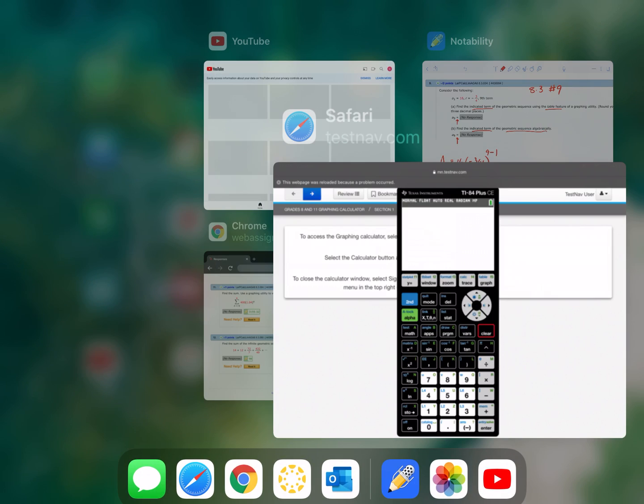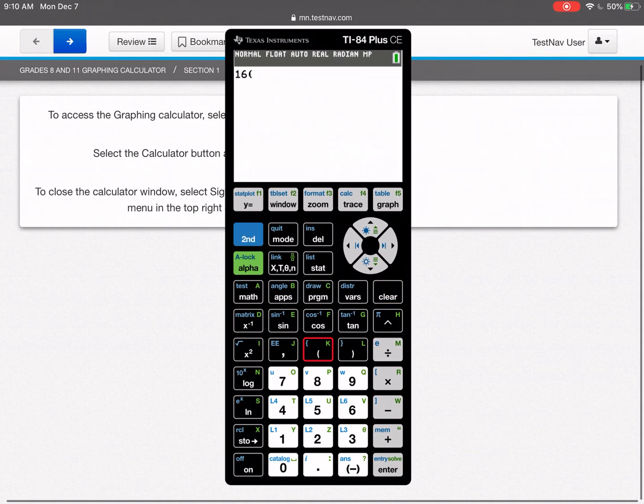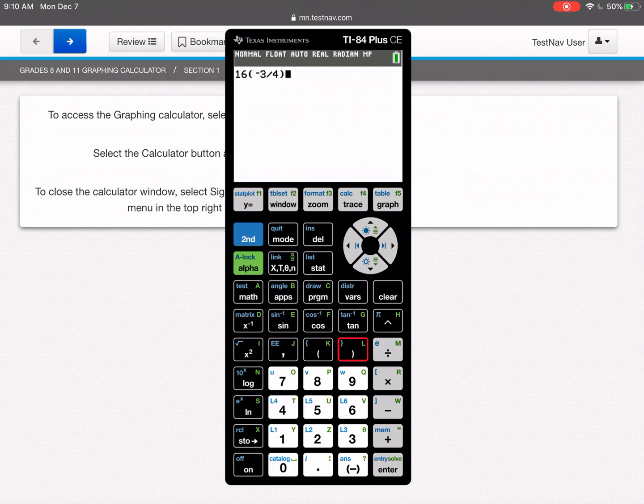So let's go to the calculator, and we're going to do 16 parentheses, negative 3 divided by 4, close it, and I'm going to raise that to the 8th power. 9 minus 1 is 8. And I get 1.601806641. So if I was going to round that to 3 decimal places, I would round it to 1.602. So WebAssign would take 1.602 for my first answer.